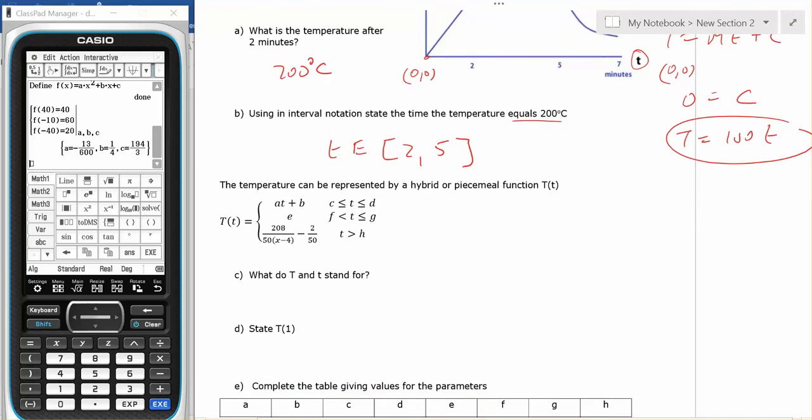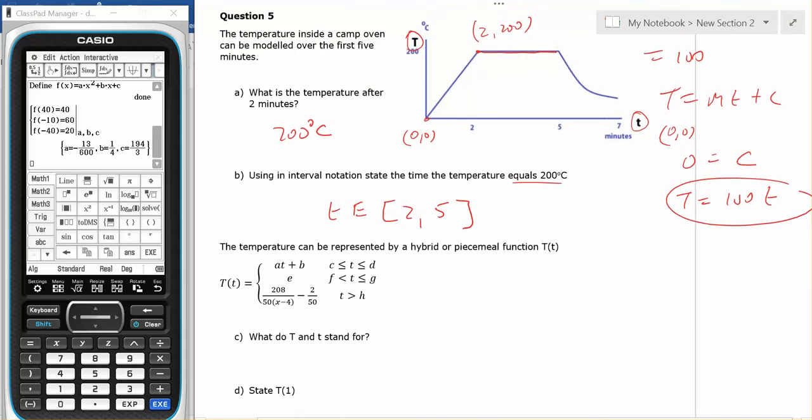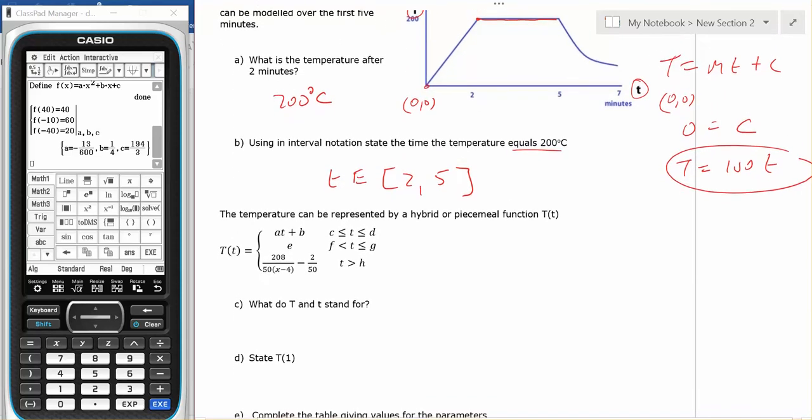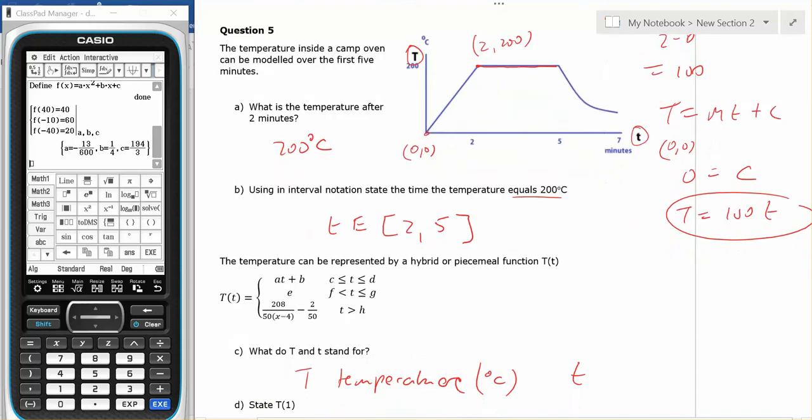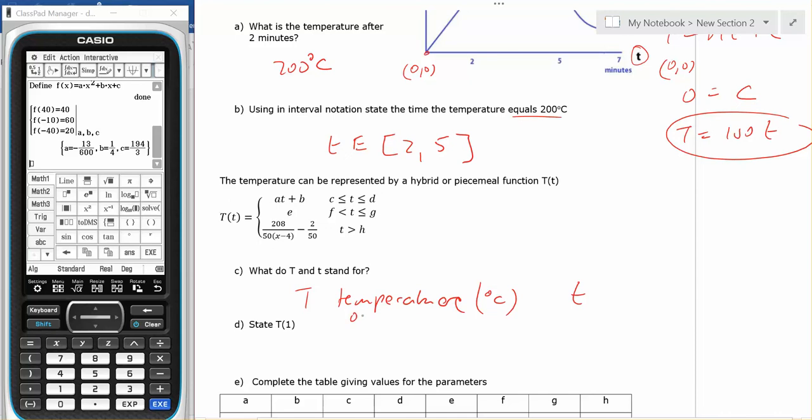Okay, the temperature can be represented by a hybrid or piecewise function. What do T and t stand for? So T stands for temperature in degrees Celsius, it's the temperature of the oven.